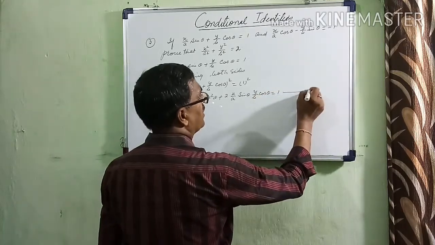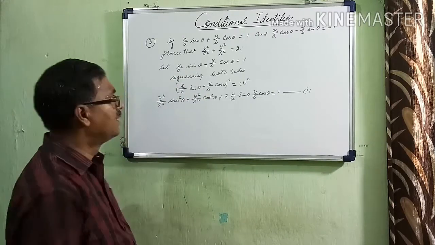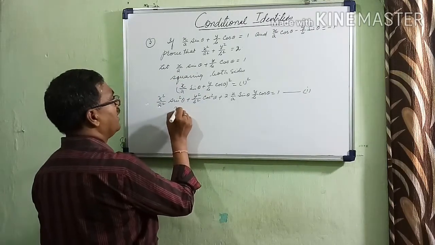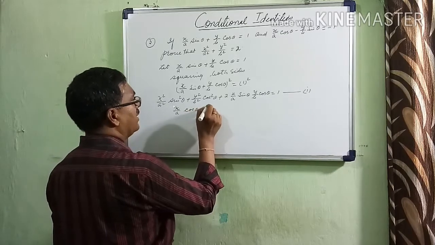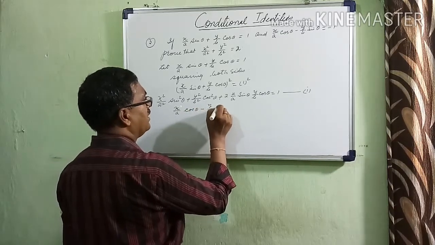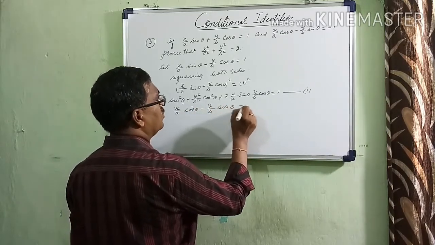Say equation number 1. Similarly, (x/a) cos θ − (y/b) sin θ = −1.